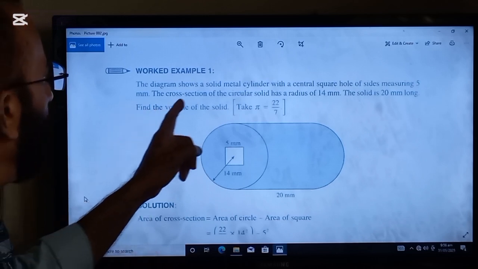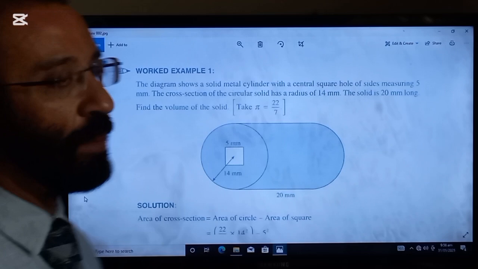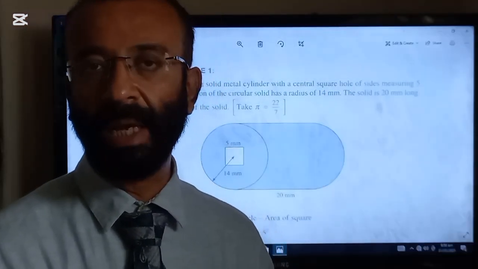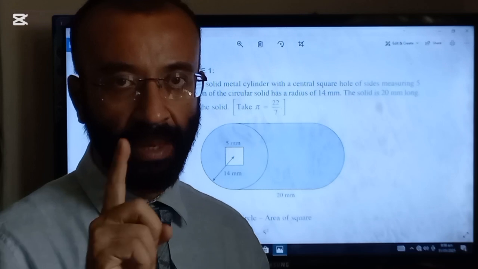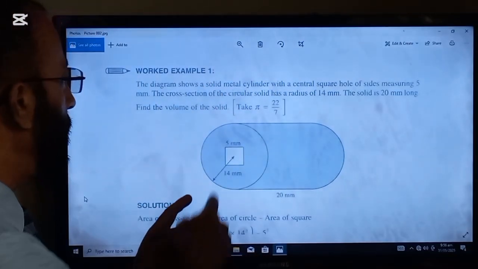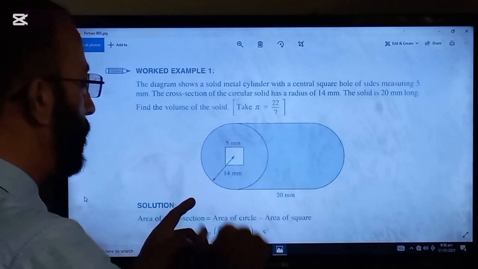Because the diagram is a solid metal cylinder and the volume is the requirement, the volume formula for the cylinder is pi r square h. Pi r square is the area of the circle, but in the circle we have a hole that is a square.